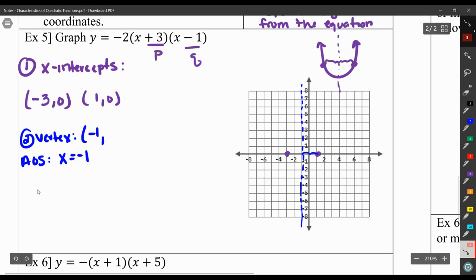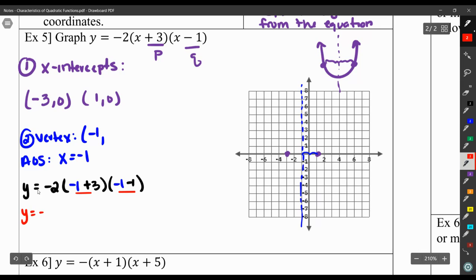All we need to do now is take this value and plug it in to find the y. So we're going to take y equals -2 times the x value of the vertex, -1, plus 3, times the x value again, -1, minus 1. And we're going to simplify. Again, order of operations, parentheses comes first. The stuff inside needs to be simplified.